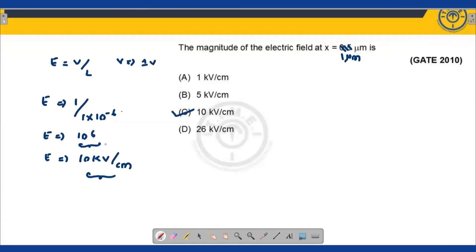This is the value you are getting, my dear friends. All have changed. This is 10 into 10 cube. All are in centimeters only.